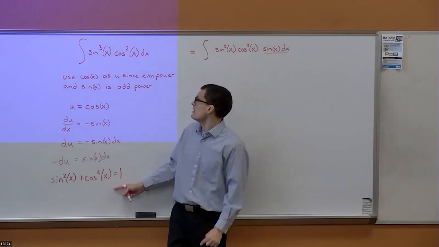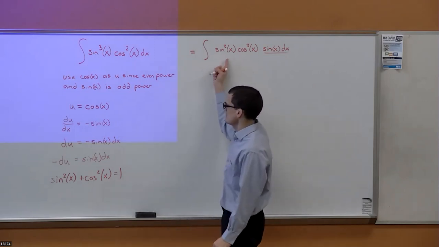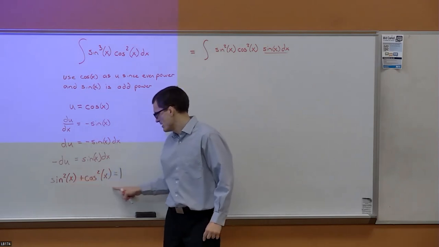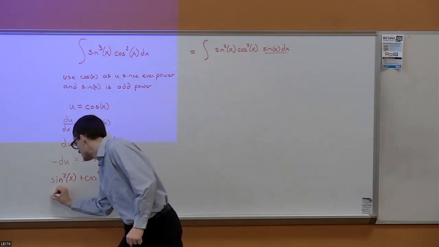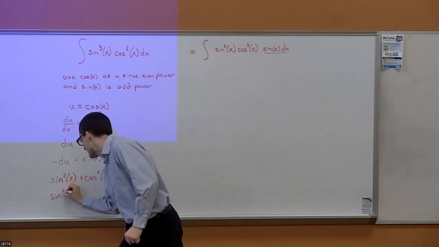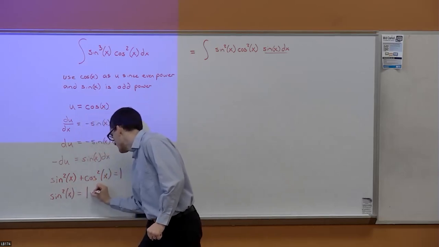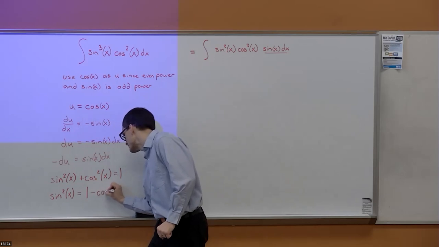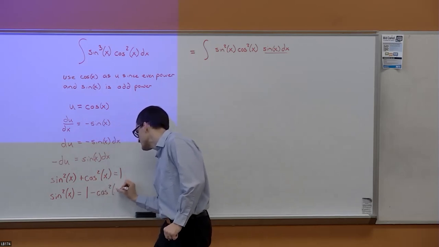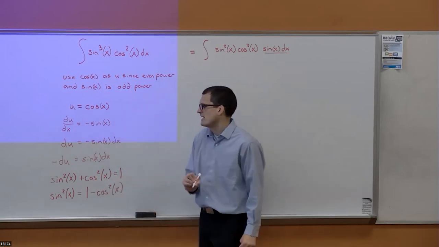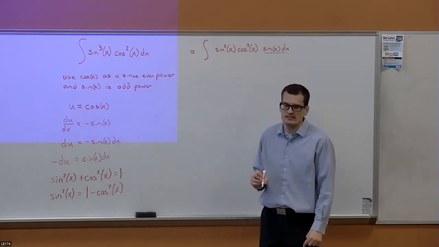And we say, well, sine squared, if I solve for that by subtracting cosine squared from both sides, gives me 1 minus cosine squared.